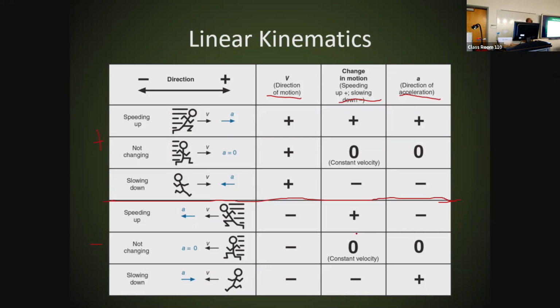But now their acceleration is moving that way, towards what we perceive as the positive. They are essentially decelerating, or there's some other force that's causing them to slow down, pushing in a positive direction.